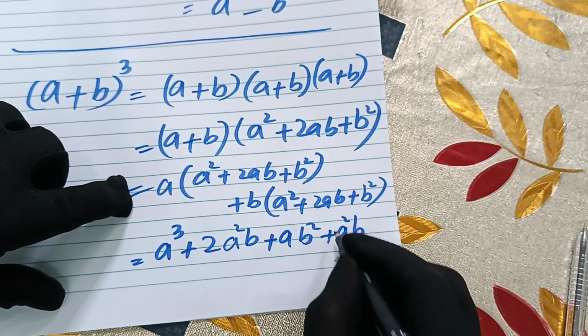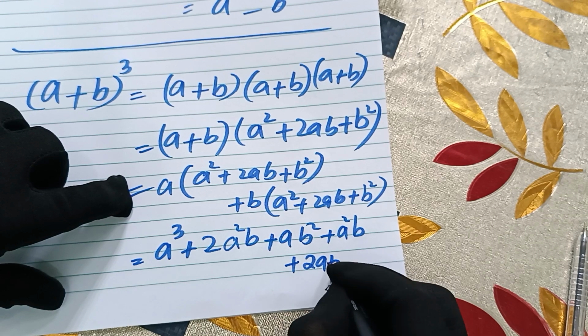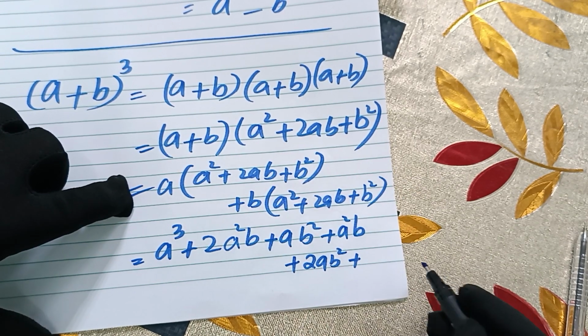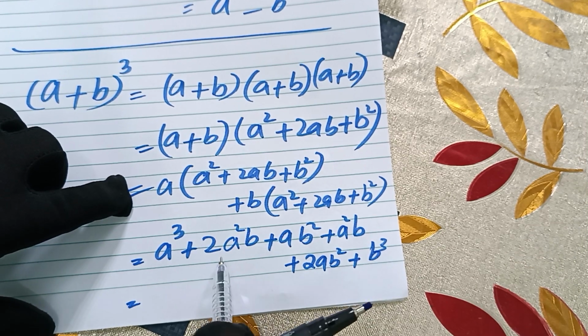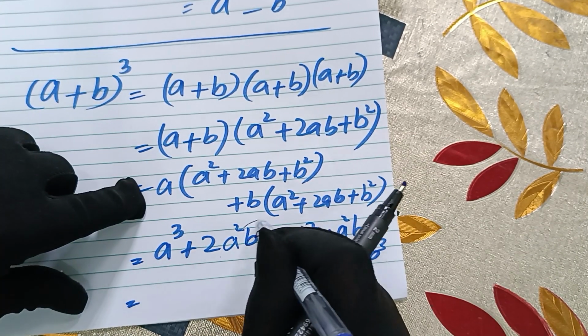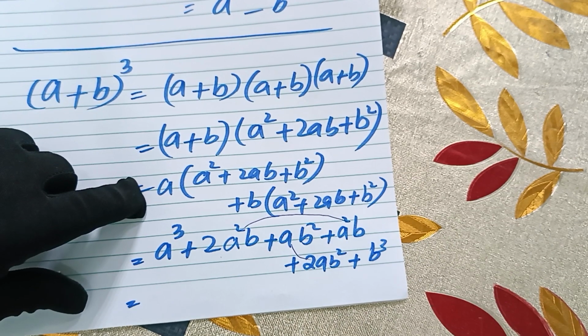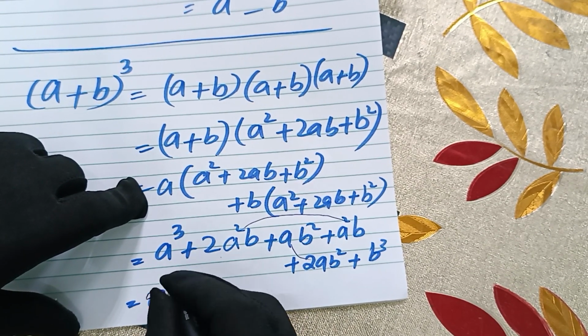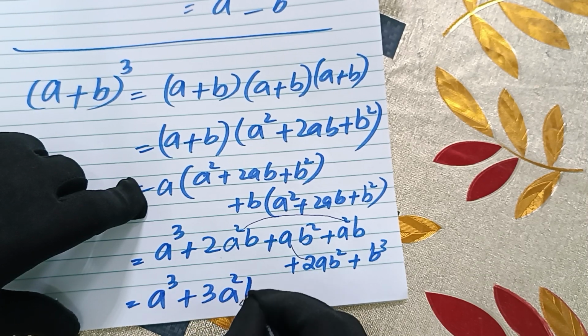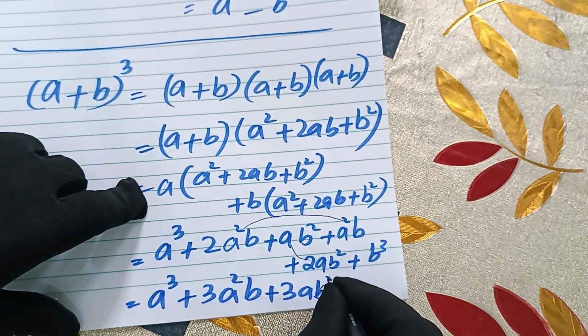This is plus 2ab square, and this will become b times b square, b cube. Combine the like terms. This is like this one and this is like this term, because their variables are exactly the same. So it will become a cube plus 3a square b plus 3ab square plus b cube.